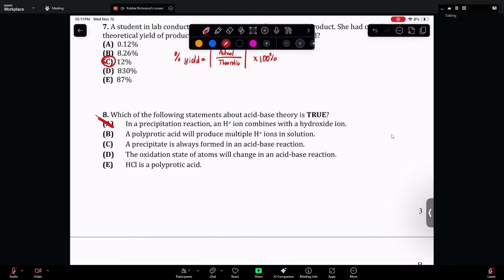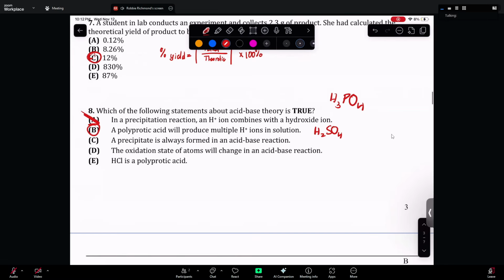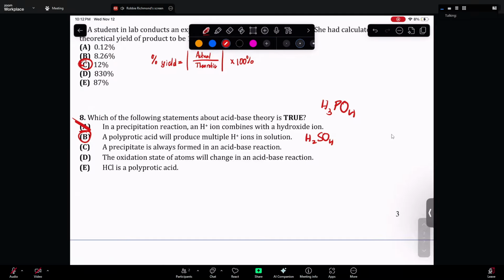Then, a polyprotic acid would produce multiple hydrogen ions in a solution. That is true. An example of a polyprotic acid we can think of is sulfuric acid, H2SO4. This is specifically a diprotic acid. A triprotic acid would be an example of another polyprotic acid. Basically, polyprotic acids have more than one hydrogen to donate. Answer choice C, a precipitate is always formed in an acid-base reaction.